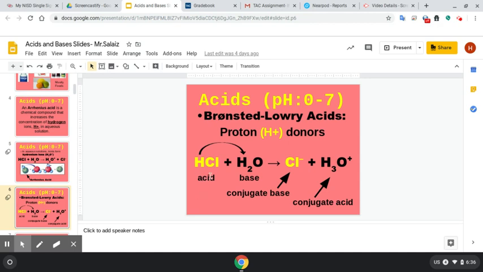So when we look at the acid, we know we are going to create a conjugate base on the other side of the arrow, which is the product side of the reaction. Whenever we have a base, which is the water you see here, it's going to form a conjugate acid on the other side of the arrow, which means a hydrogen is being added to the water, so it creates the hydronium ion.